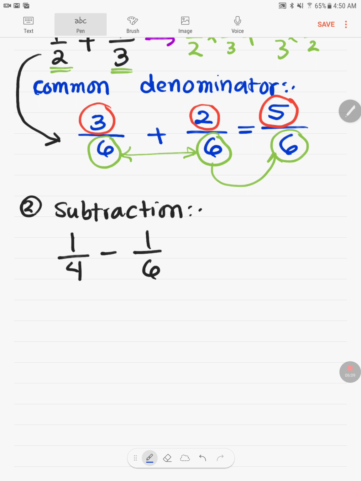But 24 might be a big number. So we could actually have the common denominator as 12, because 12 could be divided by 4 and 12 could be divided by 6. So in other words, we could come up with a common denominator to be 12.